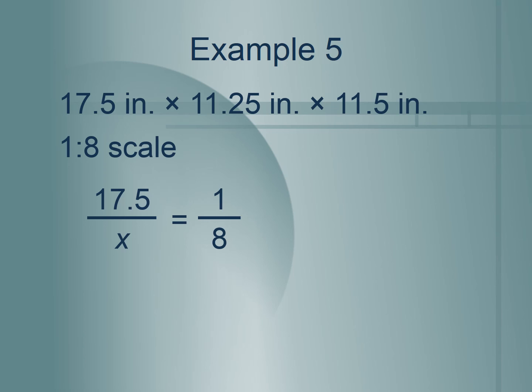So again, our dimension in our model was 17.5 over x, which represents the real life length, and we're going to set that equal to our scale, which was 1 to 8. We cross multiply, and we end up that x is equal to 140.